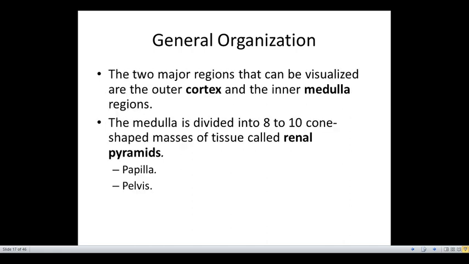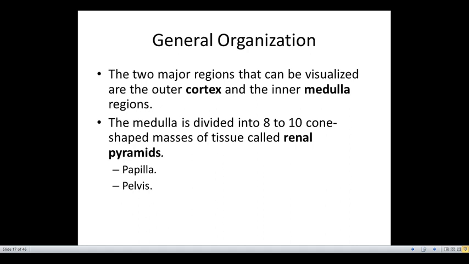If the kidney is bisected from top to bottom, the two major regions that can be visualized are the outer cortex and the inner medulla regions. The medulla is divided into 8 to 10 cone-shaped masses of tissue called renal pyramids.